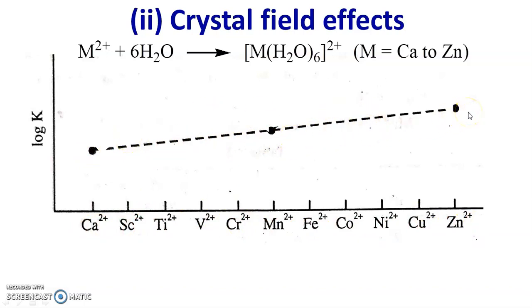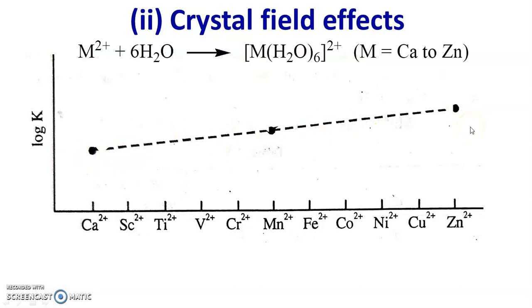So from calcium to Zn 2+, the stability of hexaaqua complexes is expected to increase linearly. This dotted line indicates the expected increase.